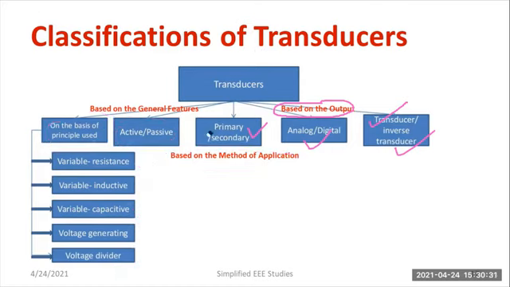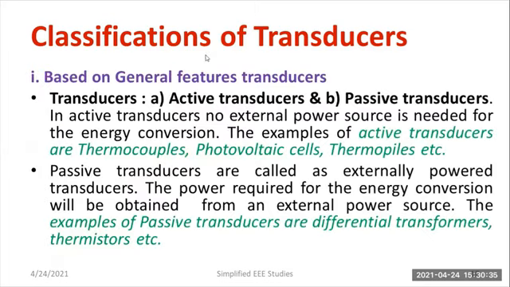Next, I want to discuss them individually. First, I want to classify the transducer according to general features. You can divide the transducer into the active type transducer and the passive transducer. So what do you mean by active transducer? In case of active transducer, as the name suggests, no external power or external excitation is required for the energy conversion.